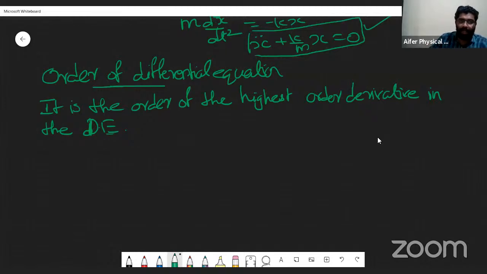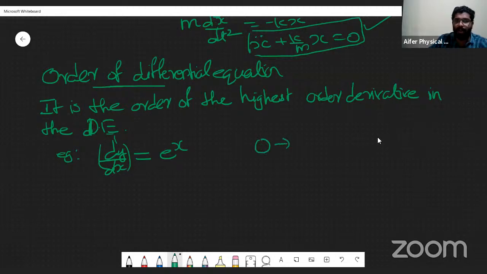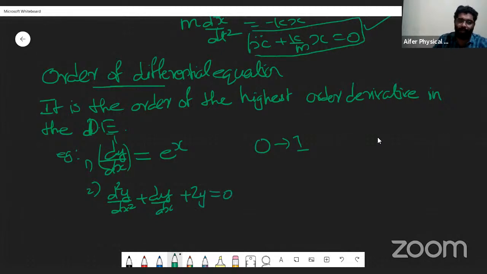So for example, we can say differential equation dy by dx equal to something e raised to x. So this differential equation containing only one derivative. What is its order? Order is 1. One more example I will tell you. d square y by dx square plus dy by dx plus 2y equal to 0.